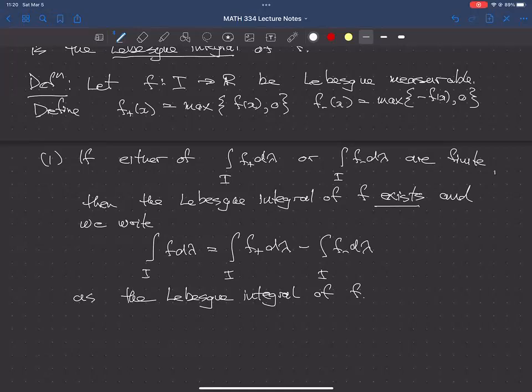Okay, and we allow for the possibility that this could be infinity if this is infinite and this is finite, or it could be minus infinity if this is infinite and this is finite. What we don't allow is for both of these to be infinite.